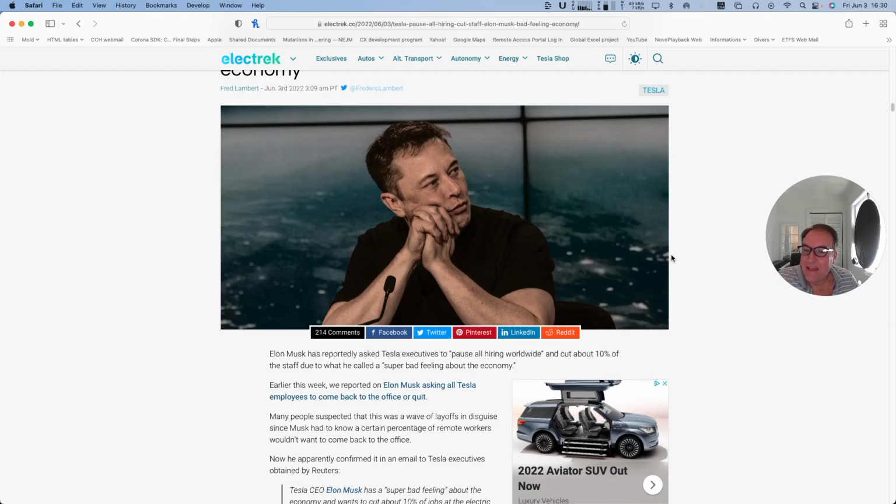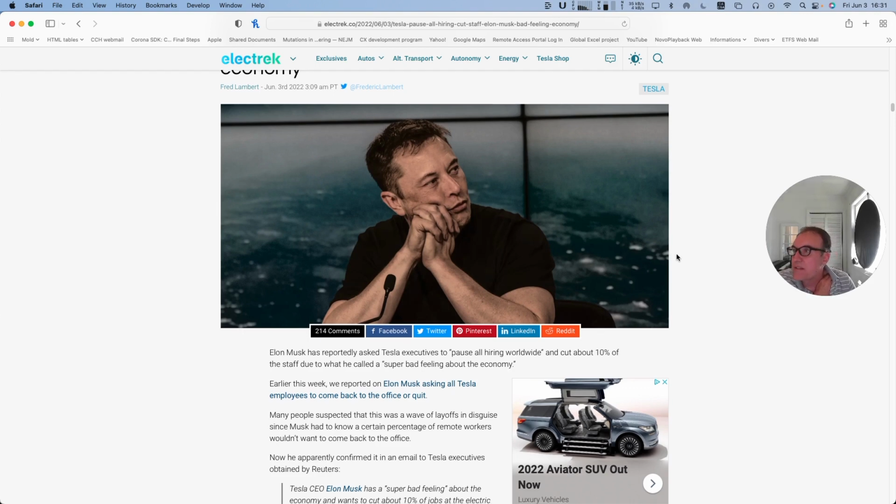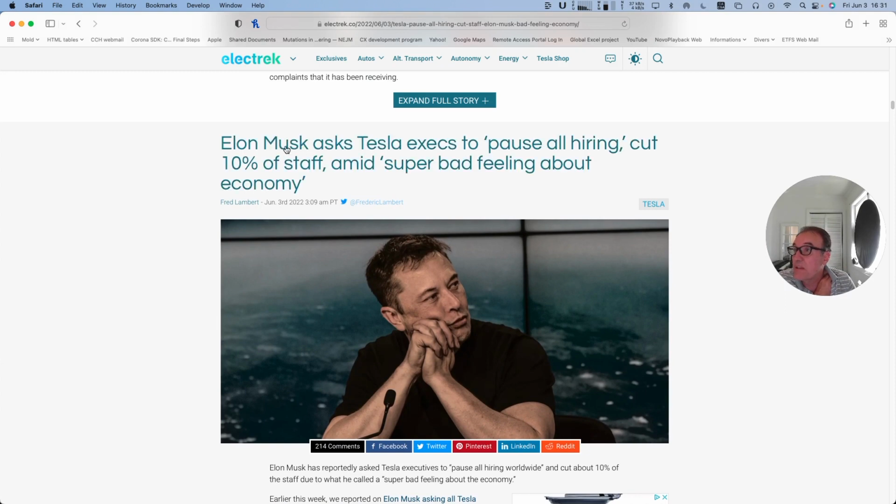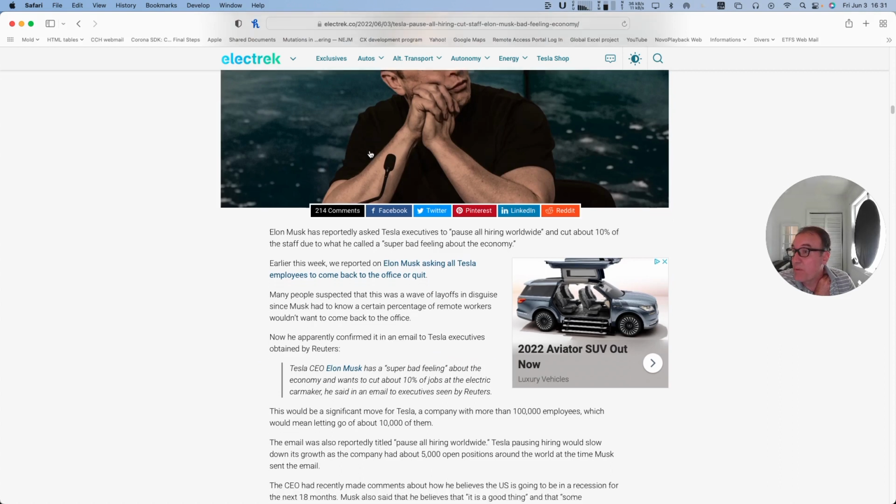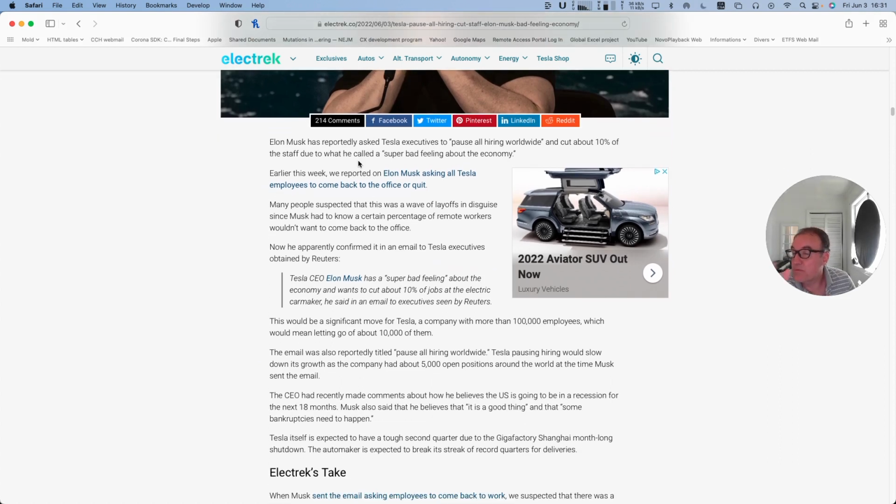What might have had Tesla fall harder than the indices is that we have this news that Elon Musk asked Tesla execs to pause all hiring and to cut 10% of staff, the regular staff, the salaried people, not the contractual people. And apparently, you can read this article right here, but apparently Elon Musk has a super bad feeling about the economy, wants to cut about 10% of jobs at the electric car makers.